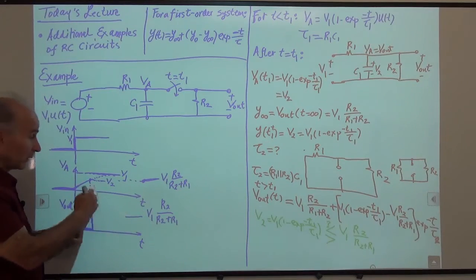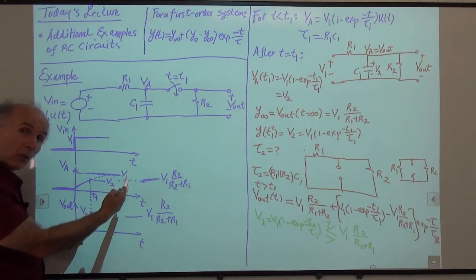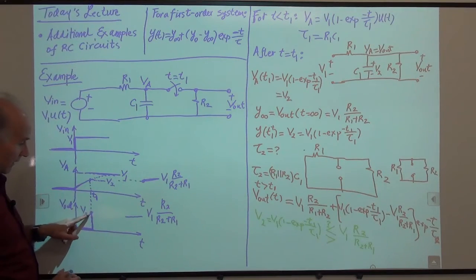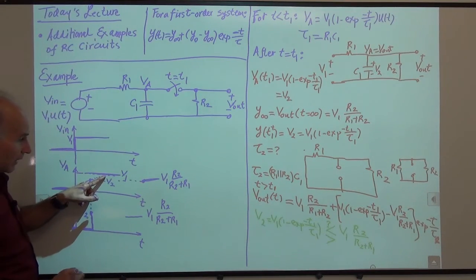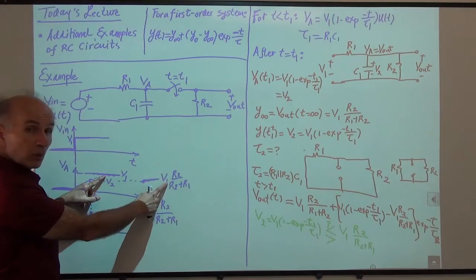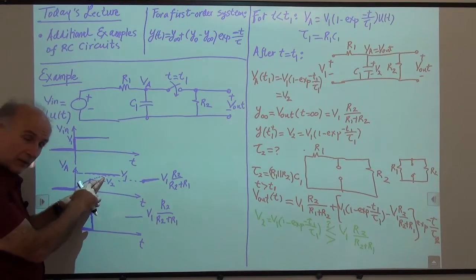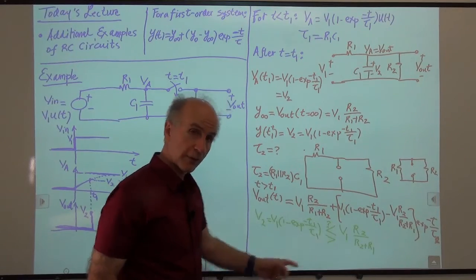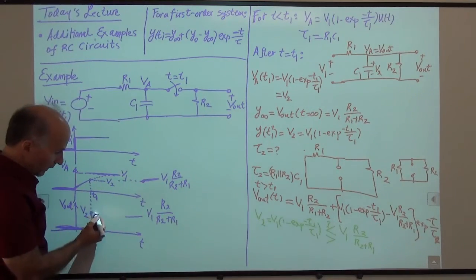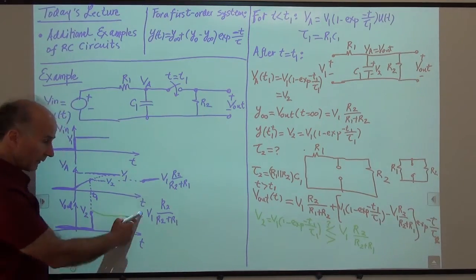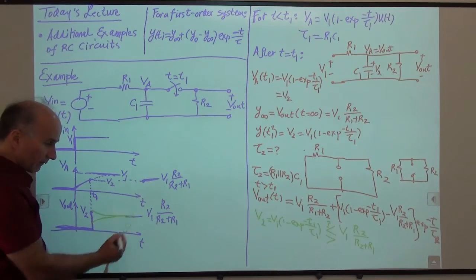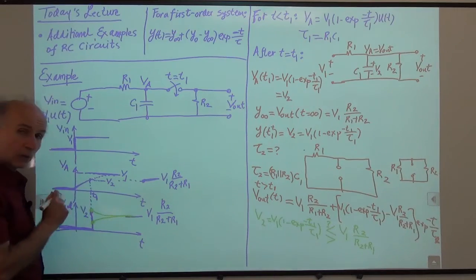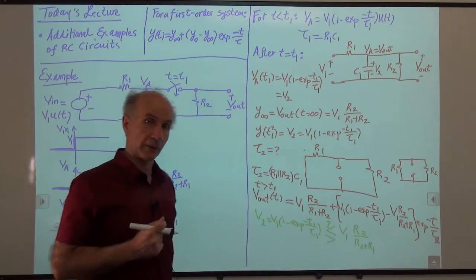On the other hand, if T1 is relatively large compared to tau 1, then this voltage has gone up close to V1, so the final value, which is less than V1, will be less than this value. So depending on whether this condition holds or this condition holds, this voltage will be going like this to this value or going like this to this value, right? Depending on how far we have come in the initial charging process of C1.